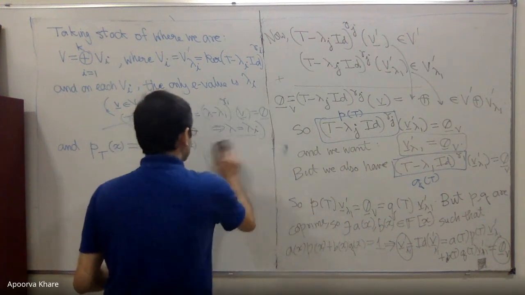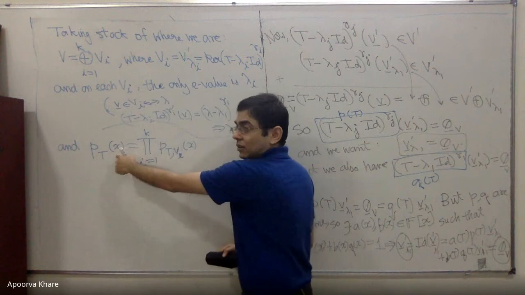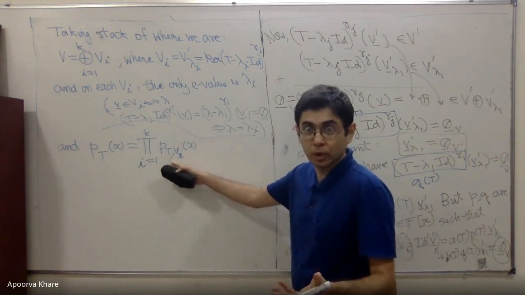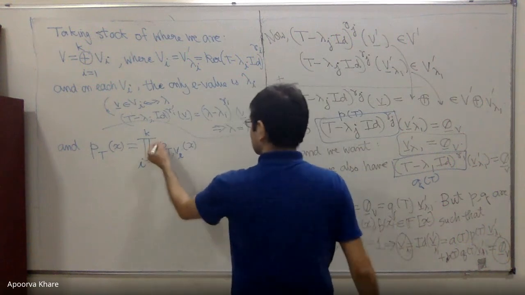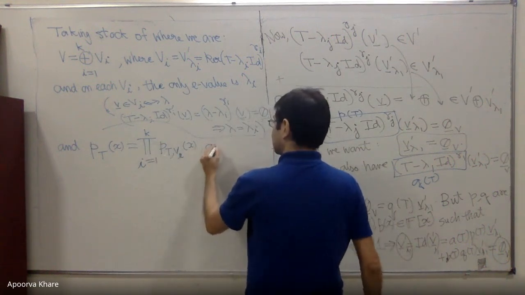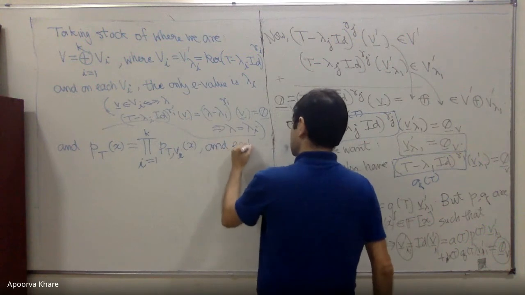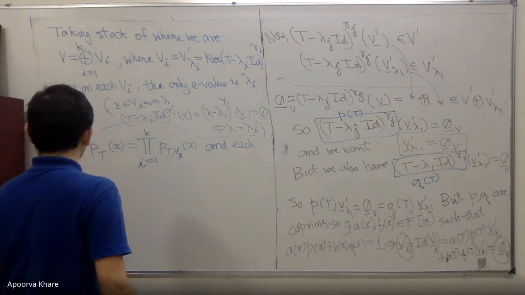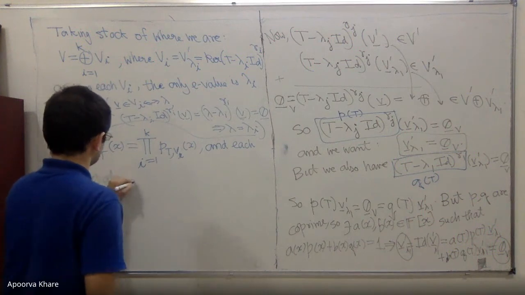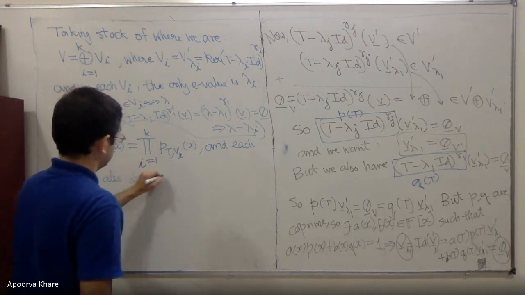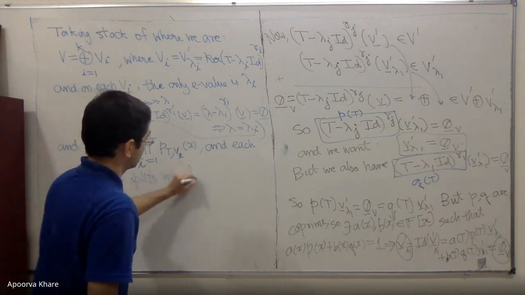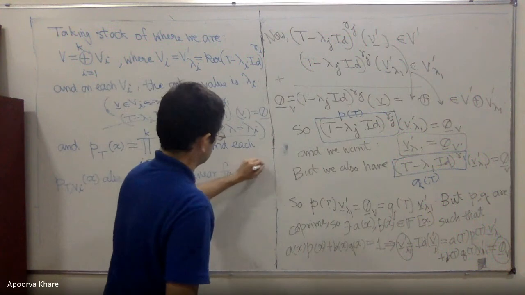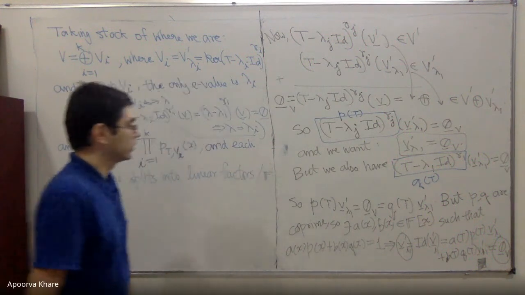which in particular implies that each of these, being a factor of this, by the unique factorization domain property, also splits into a product of linear factors over the field. Each P_{V_i}(x) also splits into linear factors over the field.